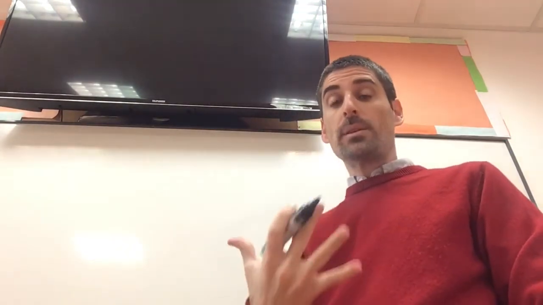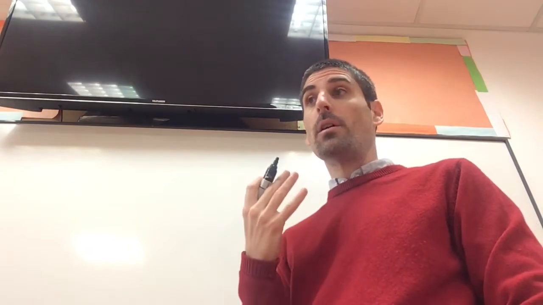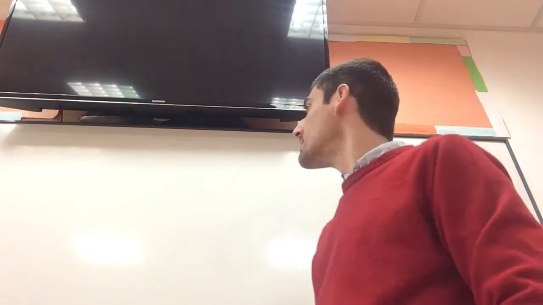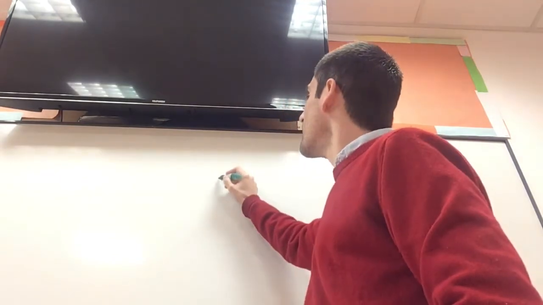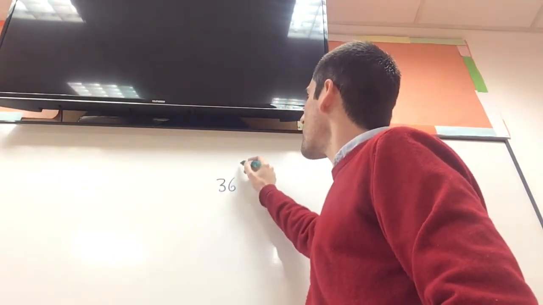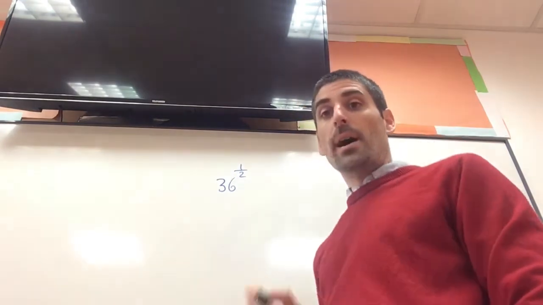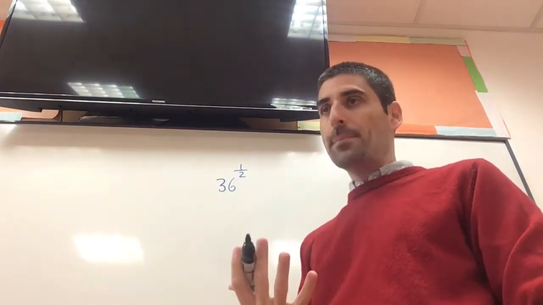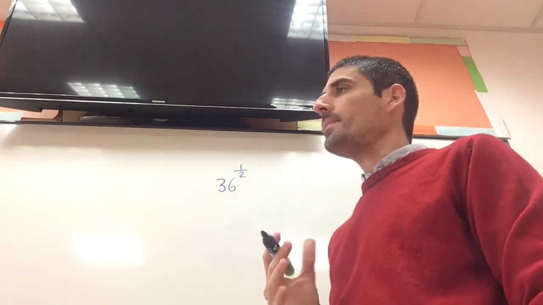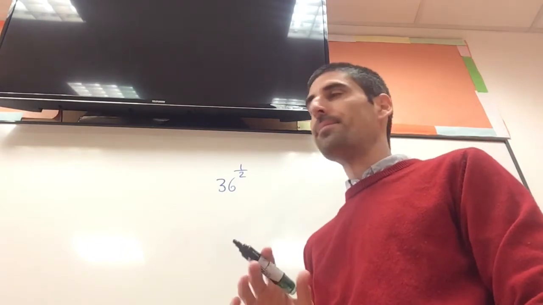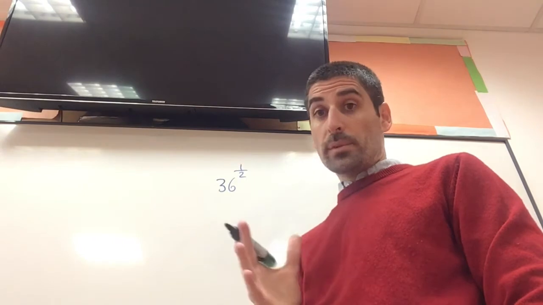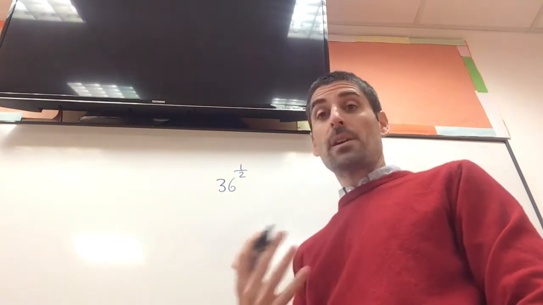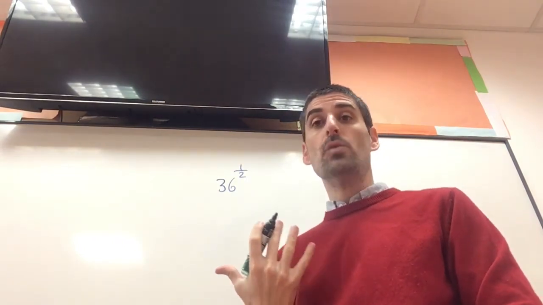Now, the next thing I wanted to talk about is when you've got fractional indices. So let's say I have 36 to the power 1/2. Now typically, there's two ways to go about this. What they would typically teach you is that fractional indices become roots.